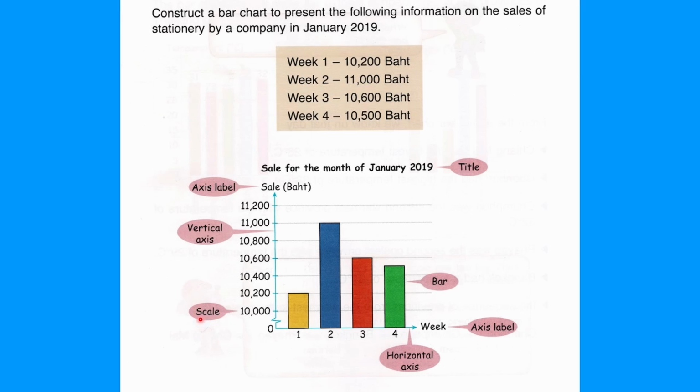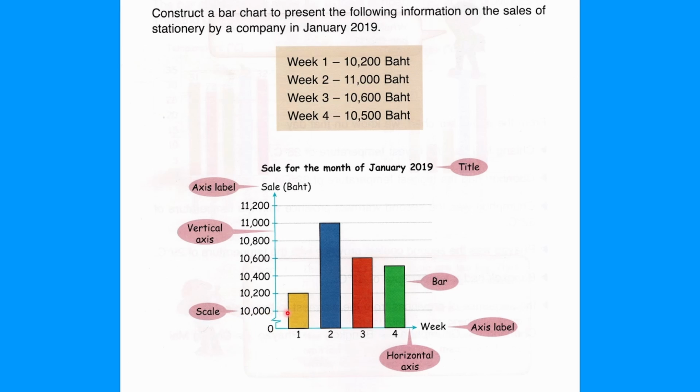The scale. So we can see it starts at 10,000. Okay. 0 is the bottom scale or the horizontal axis. And then we have the jagged or zigzag line.